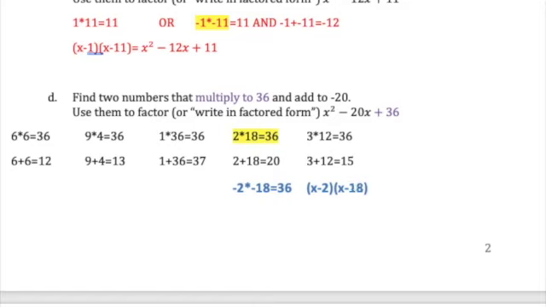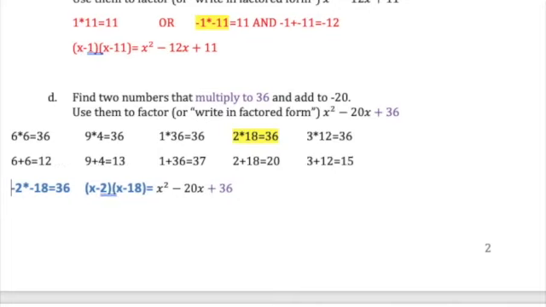I'm going to go ahead and check my answers to see if that actually equals this right here. So x squared, I'll get x squared, and then x times negative 18 is negative 18x. Negative 2 times x is negative 2x.